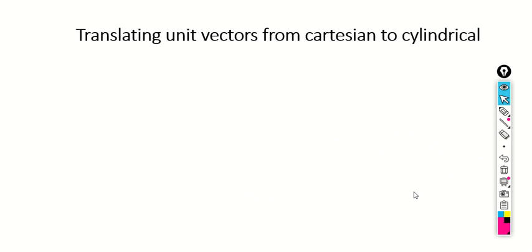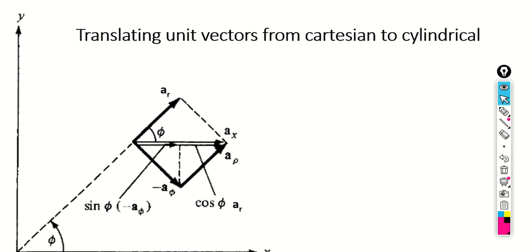Now, whenever I want to transform unit vectors from the Cartesian coordinate system to the cylindrical coordinate system, what should I do? I want to transform from one system to another system. Here, if I observe, I want to calculate the component of the unit vector ar in the direction of ax. This angle here is phi.